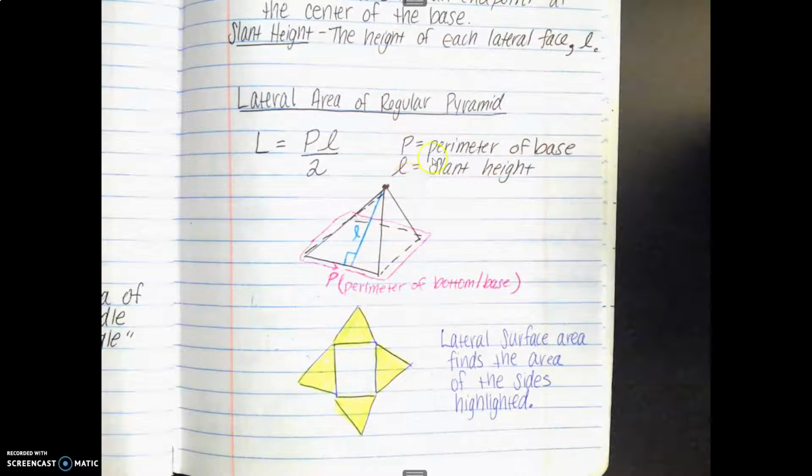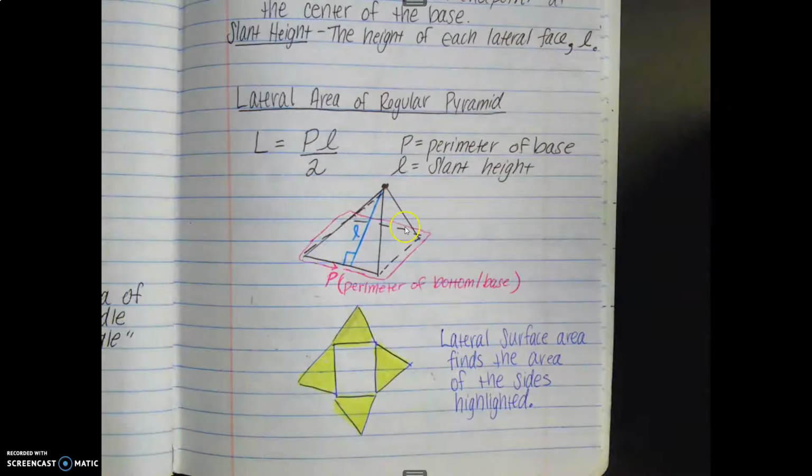All right, so that formula is the perimeter of the base, P, times the slant height divided by 2. So remember, this is just the lateral area, these yellow highlighted ones, not the base. So there is a test question just like this, so make sure you have this formula handy.